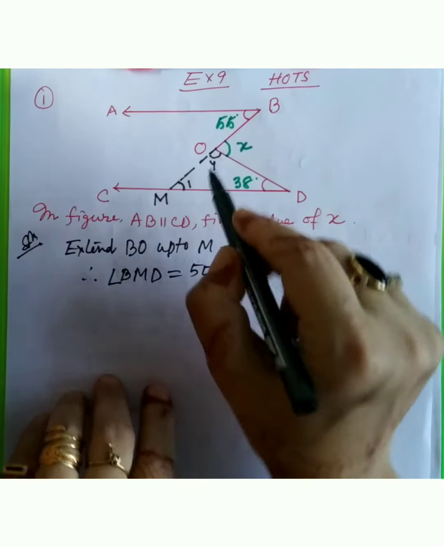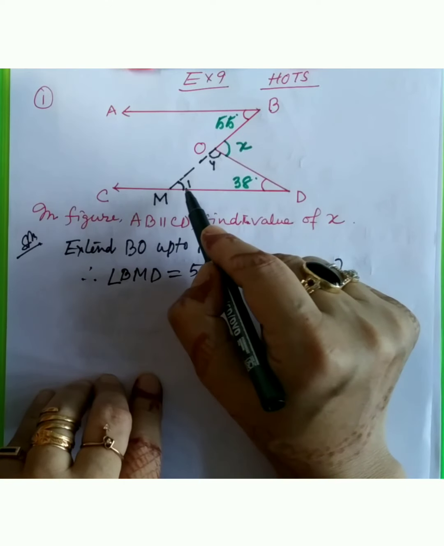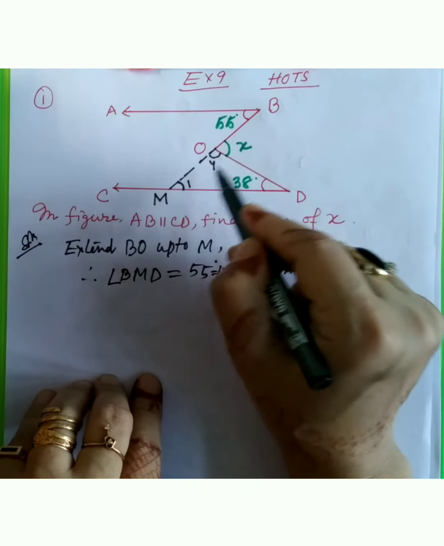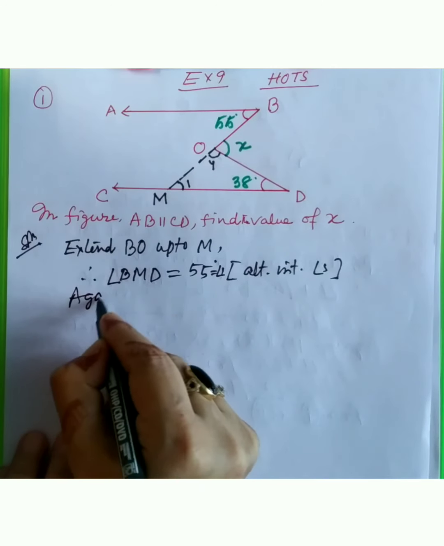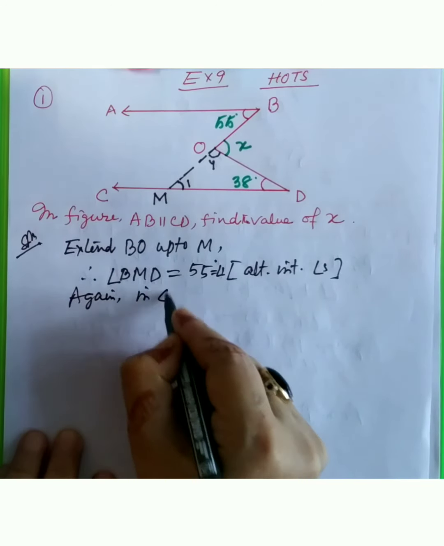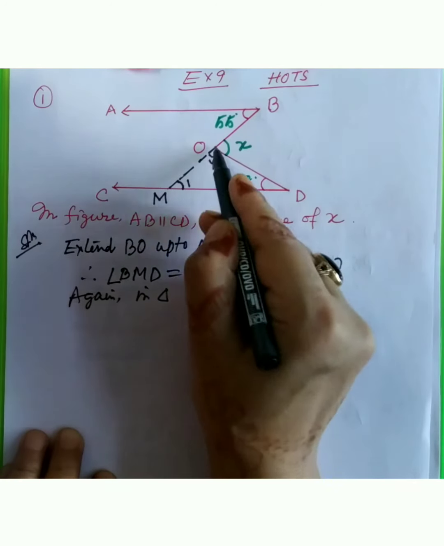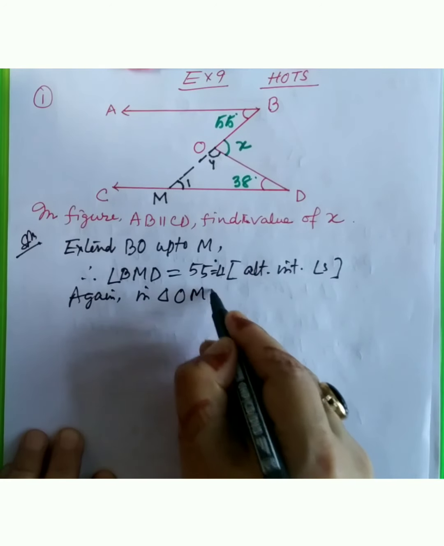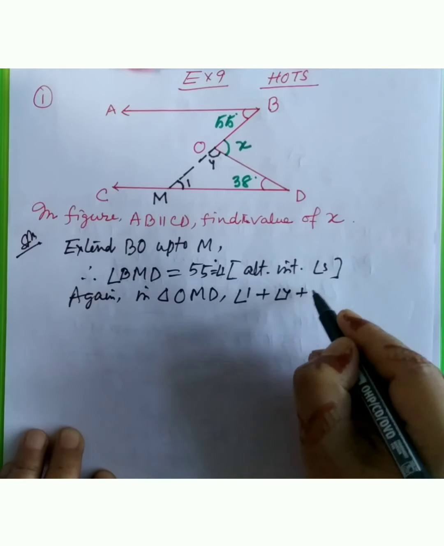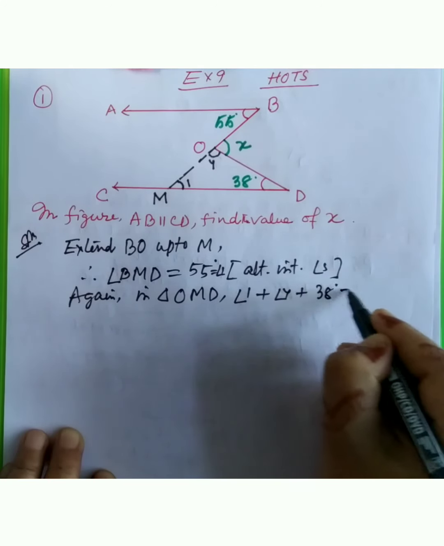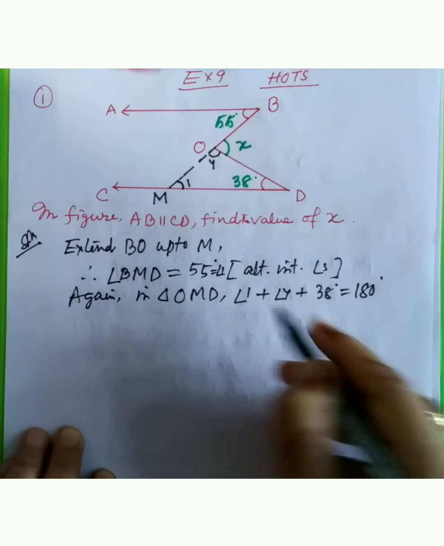Okay, again you see in this triangle, 1 plus y plus 38 is equal to how much? Yes, 180 degree. Again, in triangle OMD, angle 1 plus angle y plus 38 degree is equal to 180 degree.